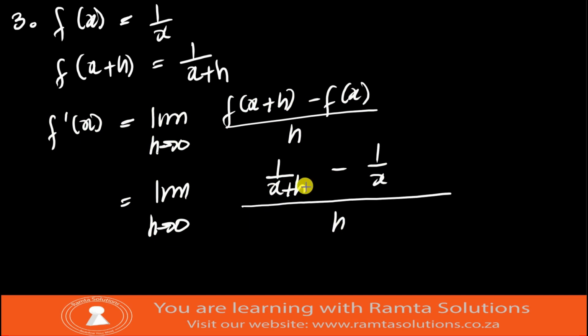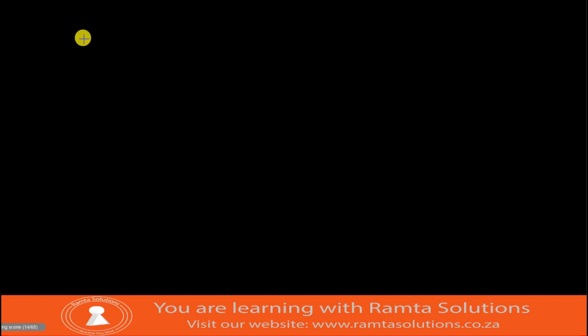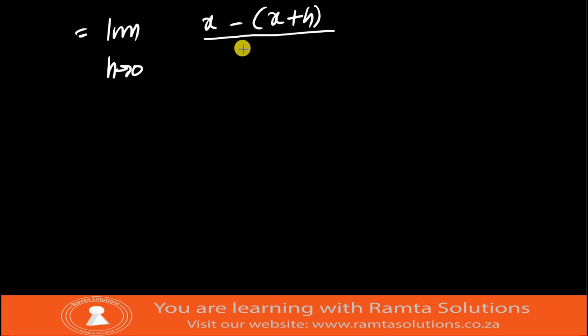So what we need to do now is to basically solve this. And to simplify this, we need to remember our knowledge of fractions is very key. So this will be x minus x plus h all over x plus h times x, and this over h.